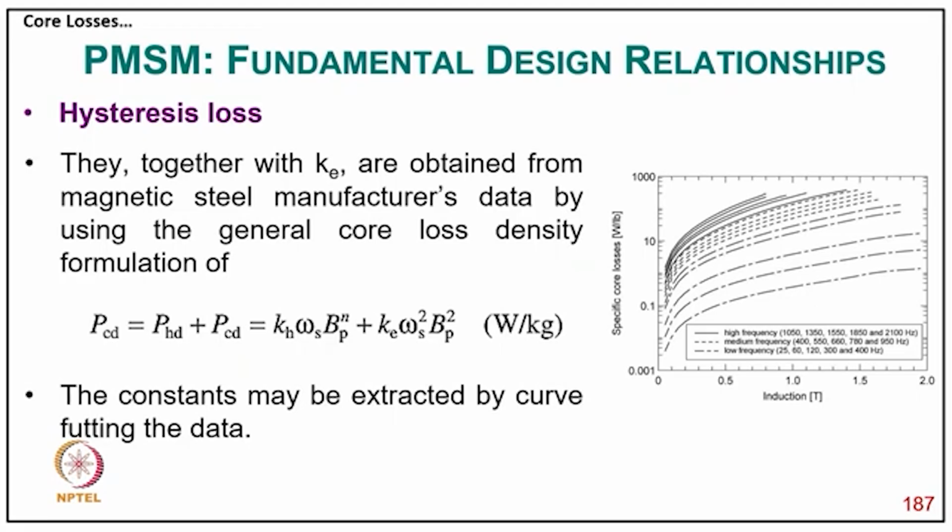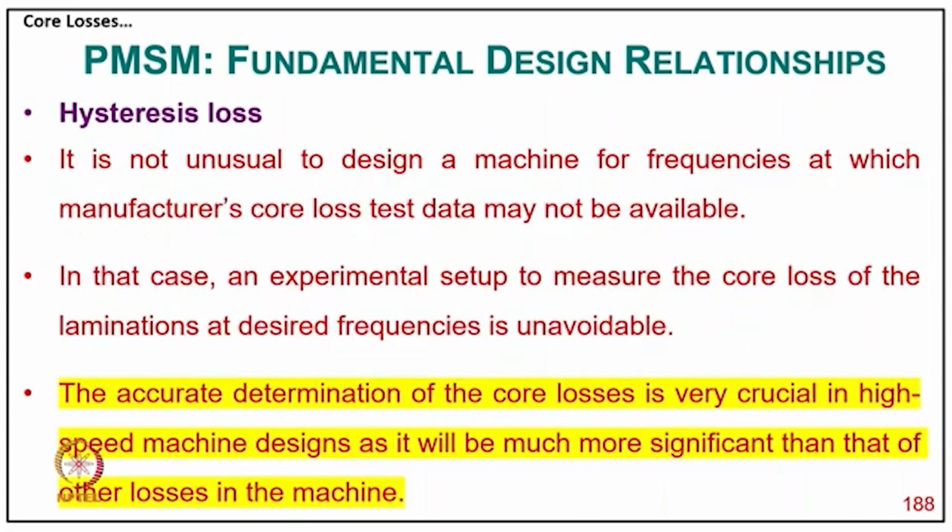The hysteresis loss constants, together with Ke, are obtained from the magnetic steel manufacturer data by using the general core loss density formulation, that is PCD equal to PhD plus PeD, that is Kh omega s Bp to the power n plus Ke omega square Bp square in watt per kg, and the constants may be extracted from curve fitting of the given data from the manufacturer as shown in the figure.